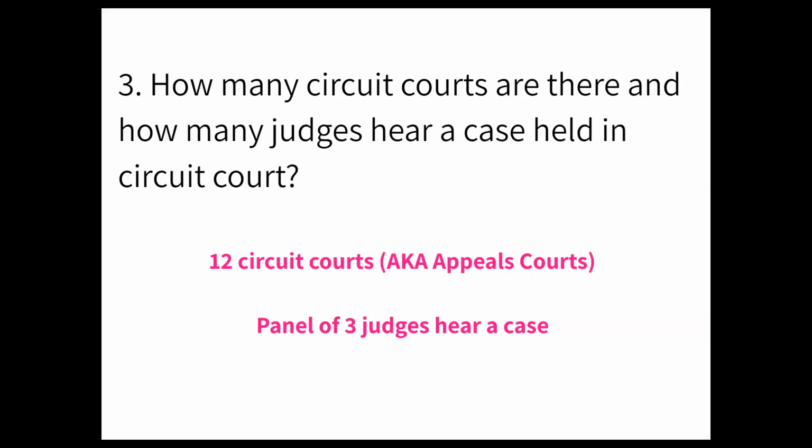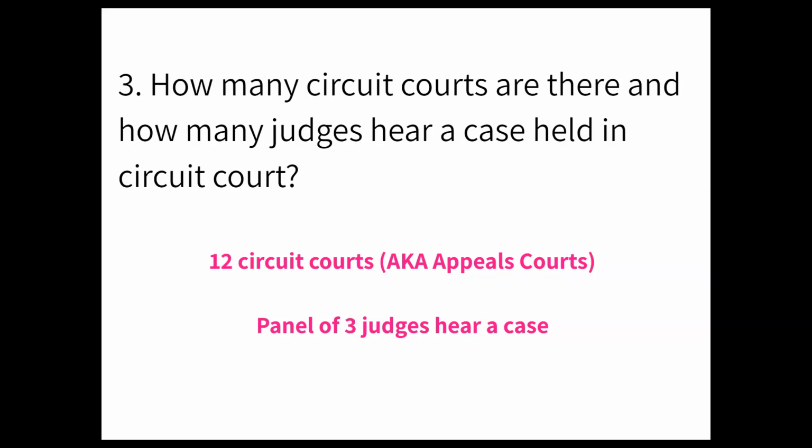Decisions at this level are heard by a panel of 3 judges who review and hear the facts of a case and then only decide if the lower court's decision was correct or if they are going to overturn it. Decisions by U.S. circuit courts set precedent for the courts below them, meaning that if a lower court hears a similar case, they have to abide by the decision made by the court above them.